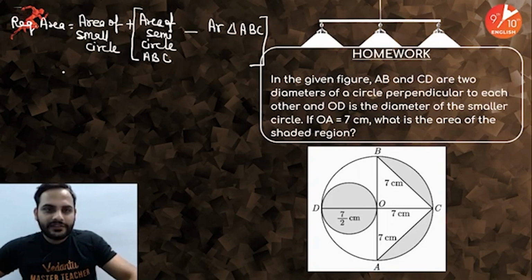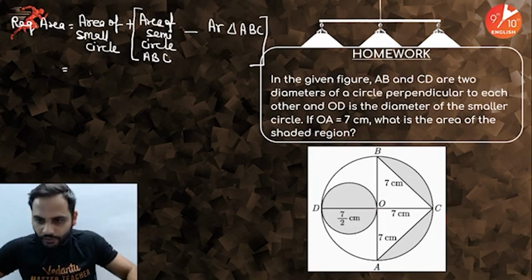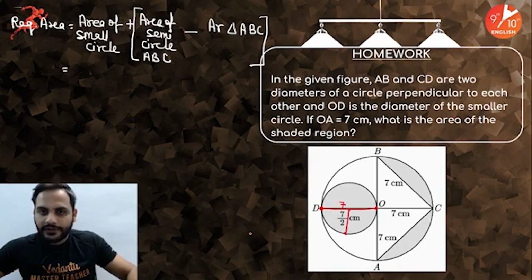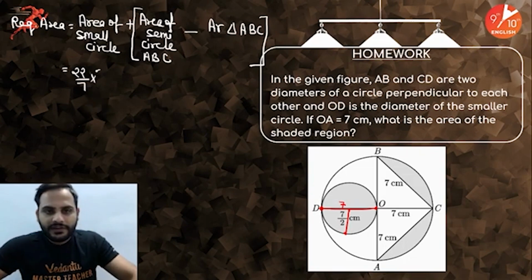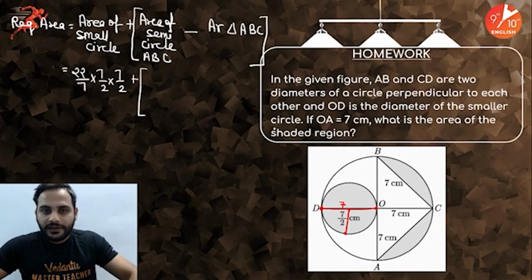So the area of this smaller circle, as we know, since the diameter OD is 7, the radius will be 7 by 2 only. So I can say the area of the smaller circle will be pi r square, with pi as 22 by 7, into 7 by 2 into 7 by 2, plus the area of semicircle ABC.